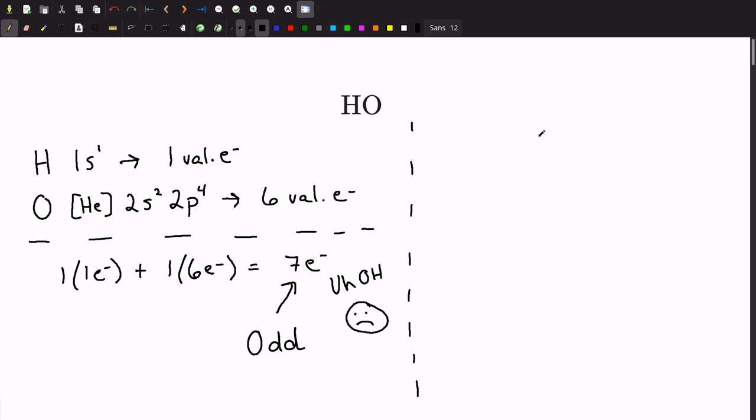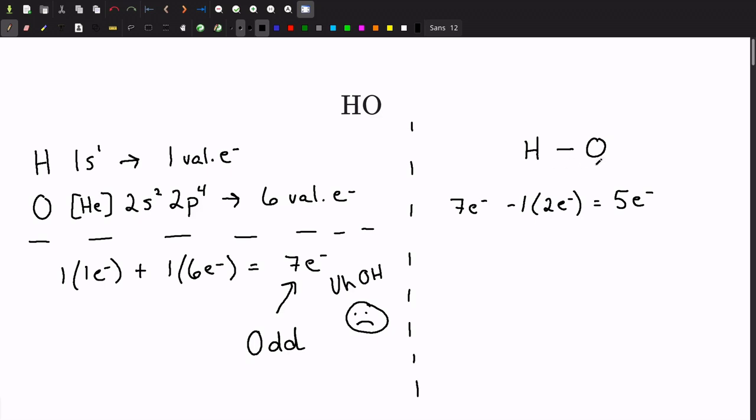In this case, we have H, and we must bind that to an O. We have 7 electrons. We just burned 1 bond's worth of electrons. We're going to have 5 electrons left over.